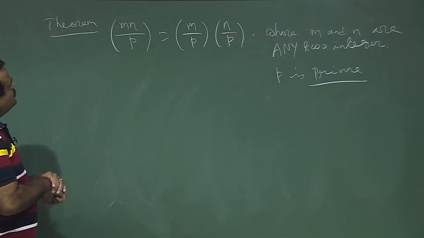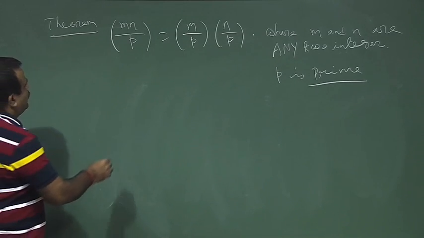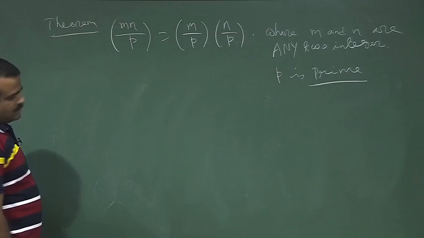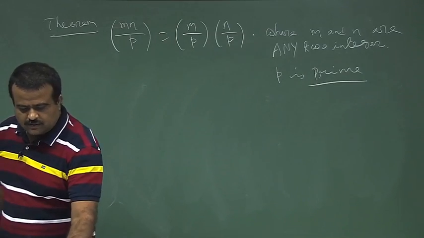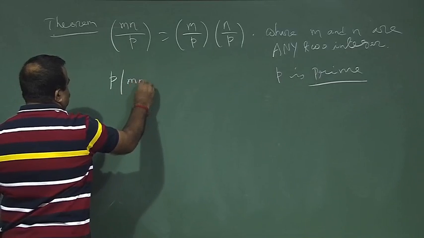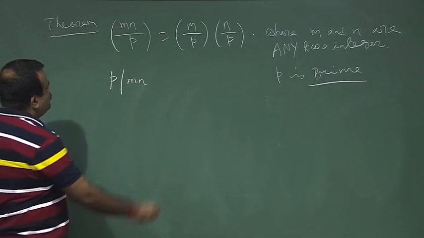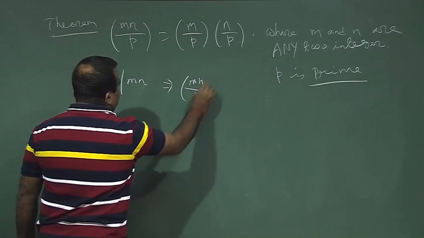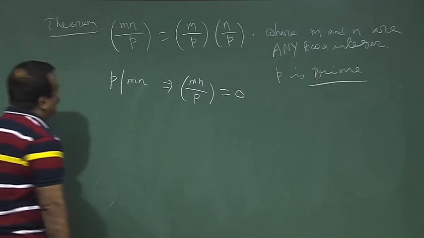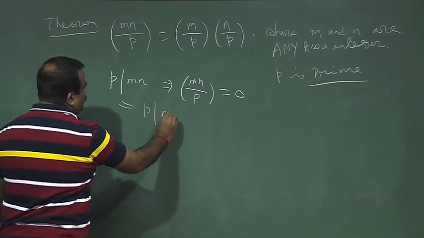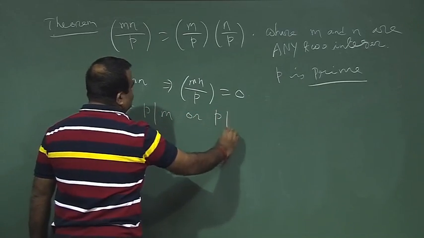Suppose p divides mn. If p divides mn, this means (mn/p) is 0, and p divides mn means either p divides m or p divides n.